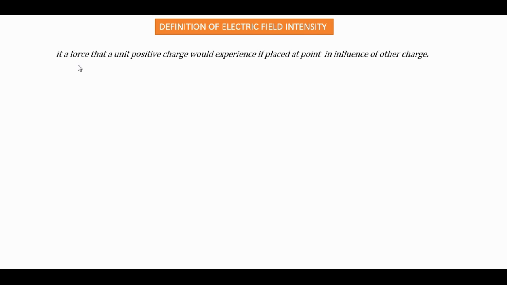It is the force that a unit positive charge would experience if placed at a point in the influence of the other charge. Or simply we can define it as force of attraction per unit charge, or force of repulsion per unit charge.